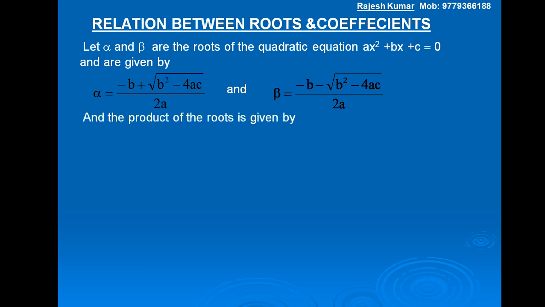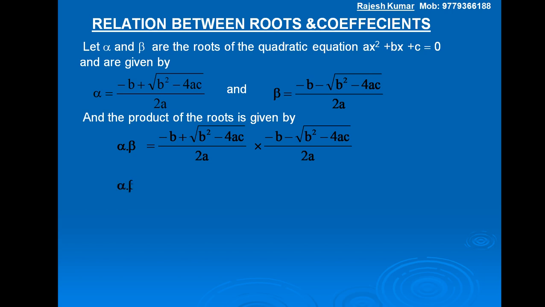And the product of the roots is given by alpha into beta, putting the value of alpha, minus b plus square root of b square minus 4ac whole upon 2a, into, putting the value of beta, minus b minus square root of b square minus 4ac whole upon 2a.